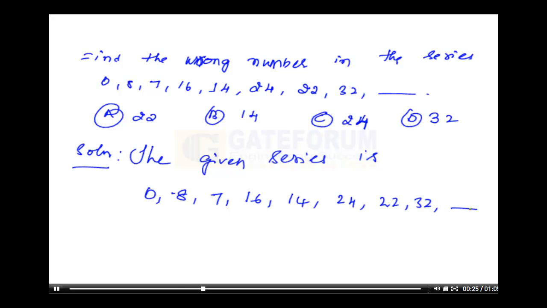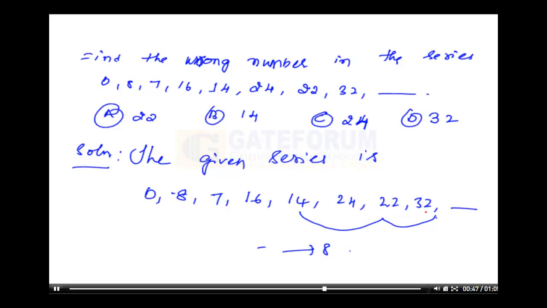Now, look into the numbers in the even places, that is 8, 16, 24, 32. That means the numbers in the even places are multiples of 8. Similarly, look into the numbers in the odd places, that is 0, 7, 14, and so on.